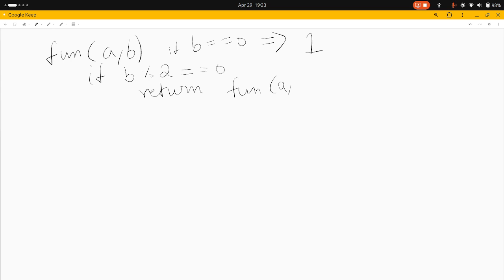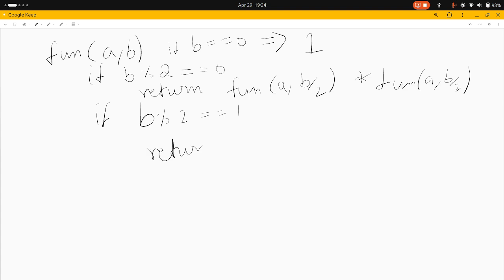If b is even, we return function a, b by 2, times function a, b by 2.